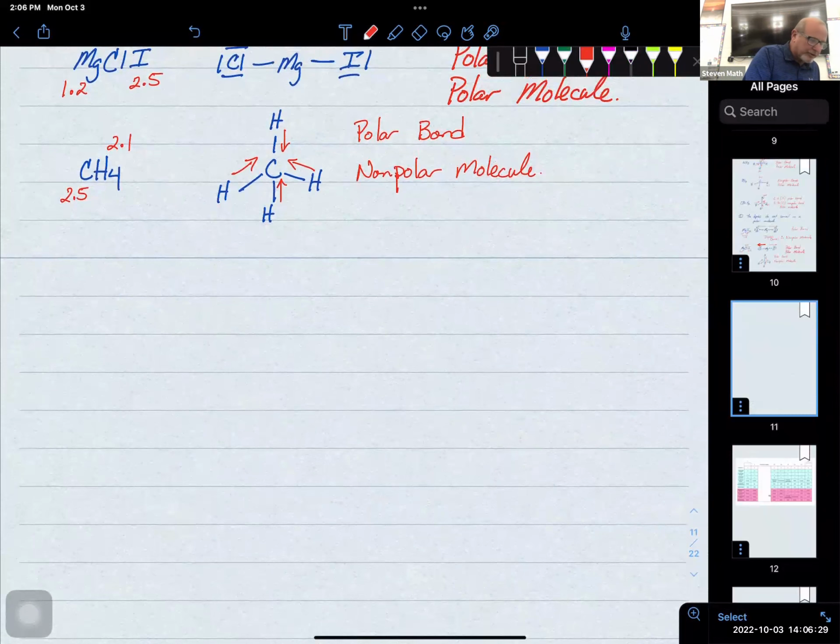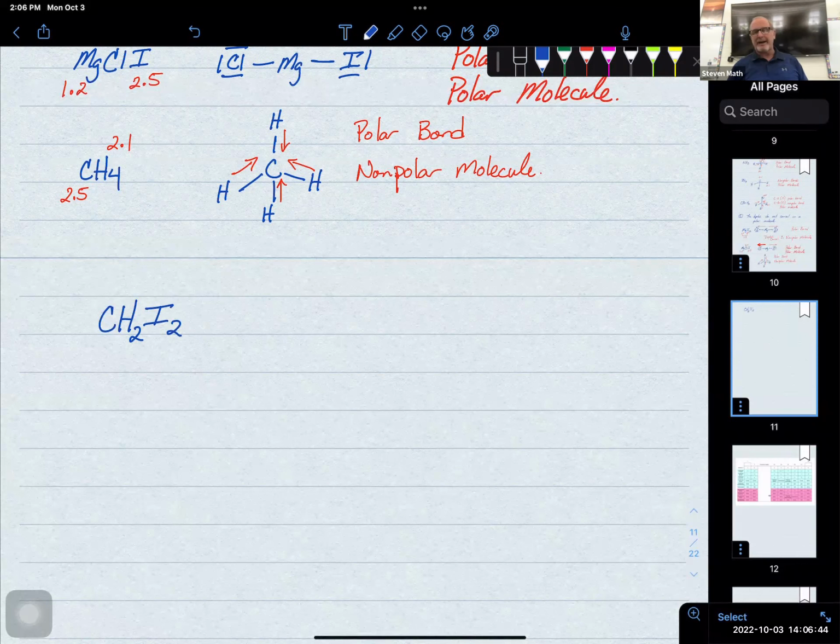What if we change it just a wee bit, make it asymmetrical? CH2I2, diiodomethane. Yuck.